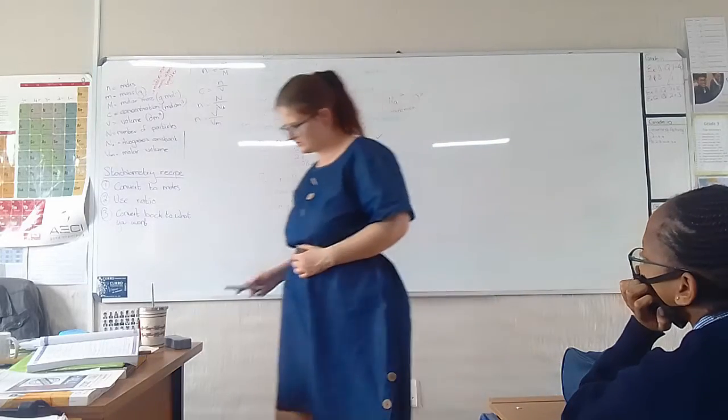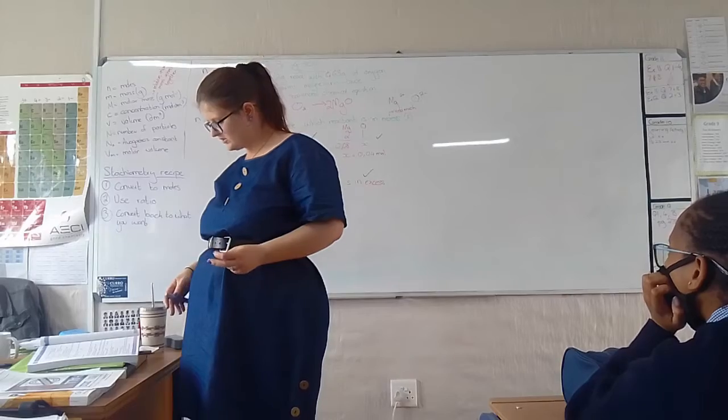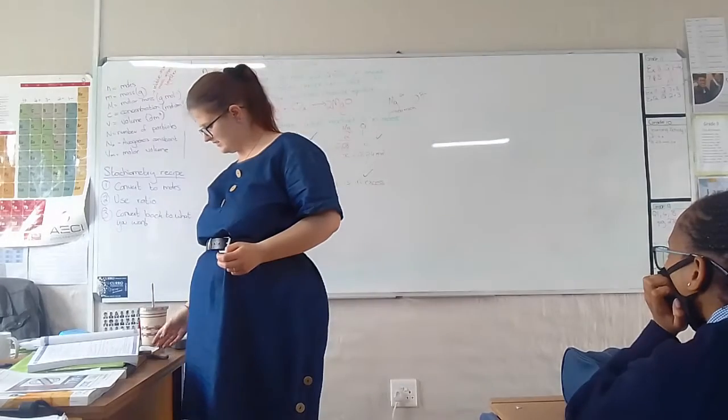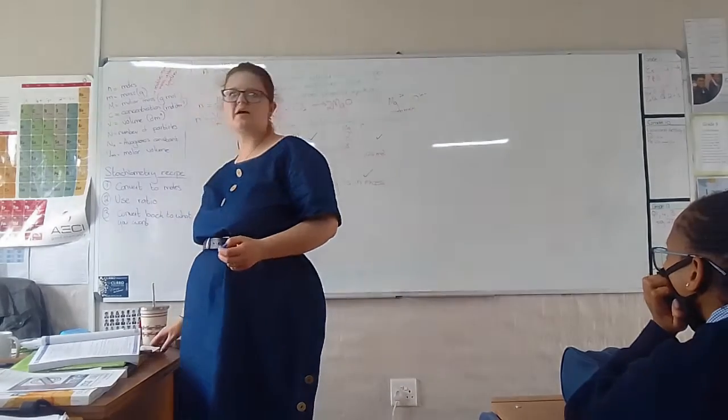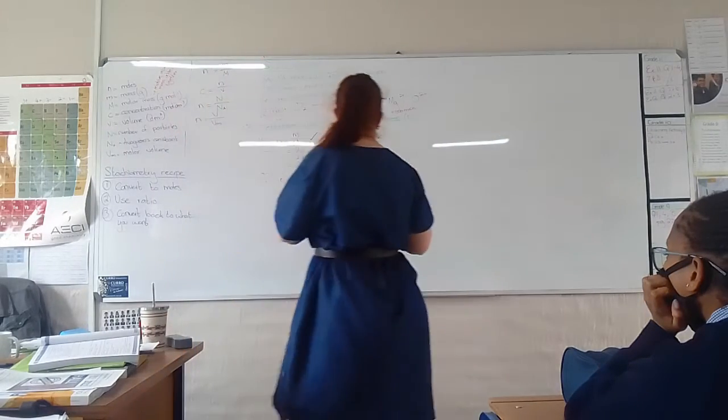Alright, so let's look at what the next question says. Determine the mass of the substance in excess. So how much mass is in excess? What is the mass of the substance in excess? Now let's write this down, 5.4.